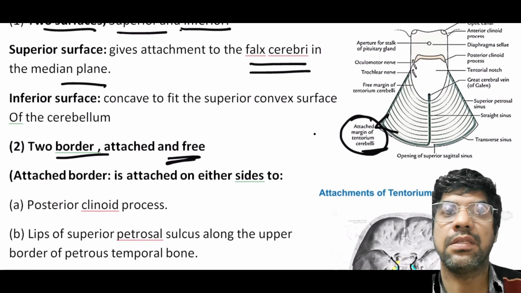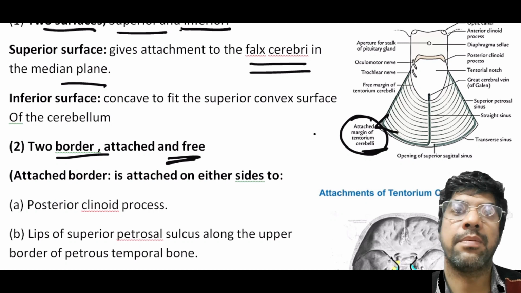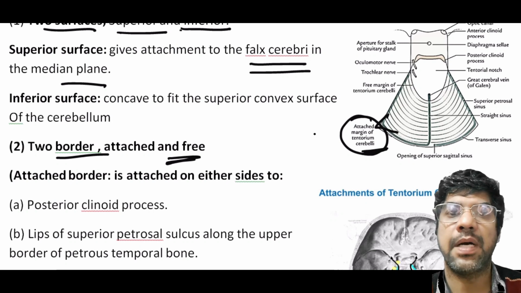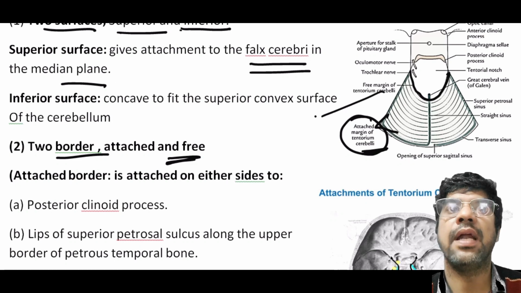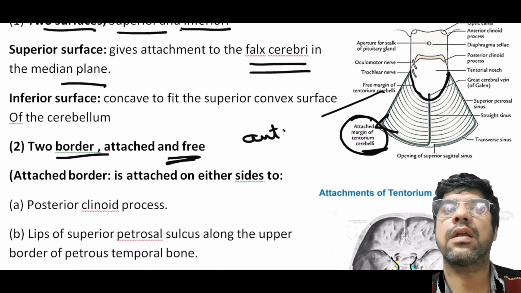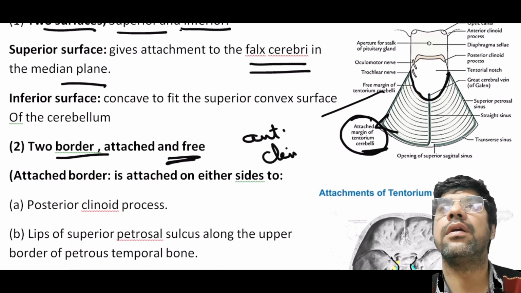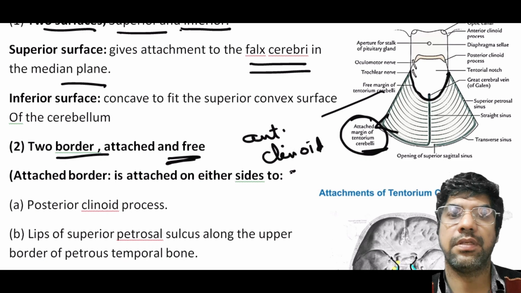The front part of the tentorium cerebelli has a free margin that looks like a U shape. The ends of the U are connected to the bony structures known as the anterior clinoid processes.